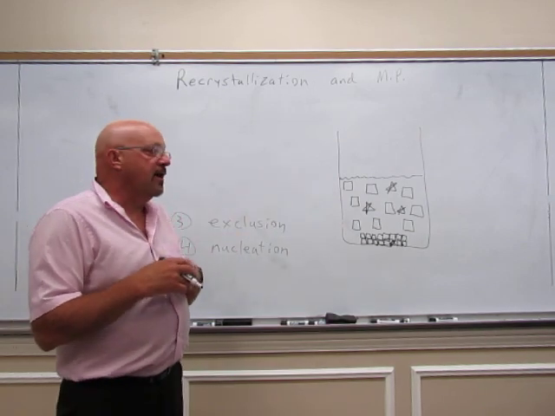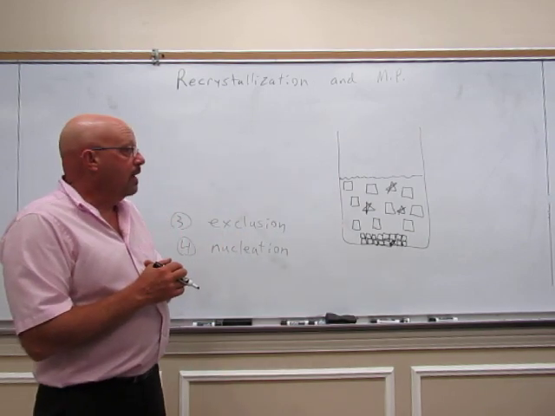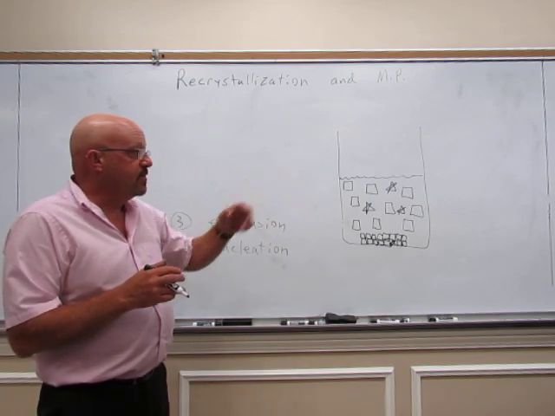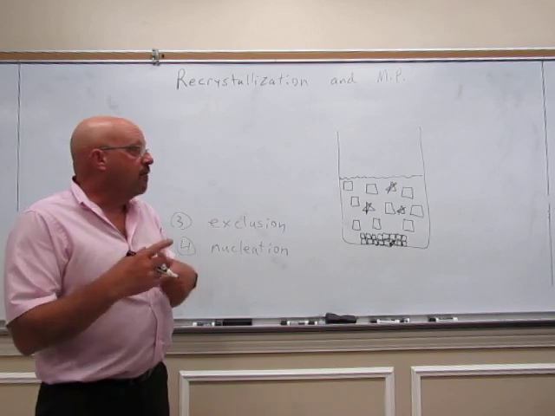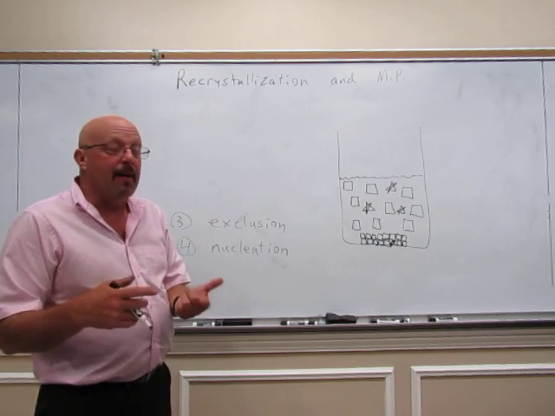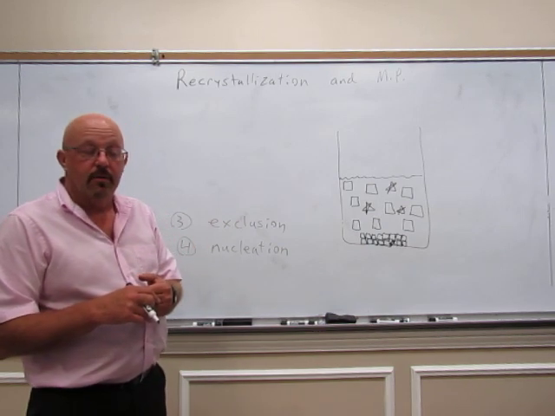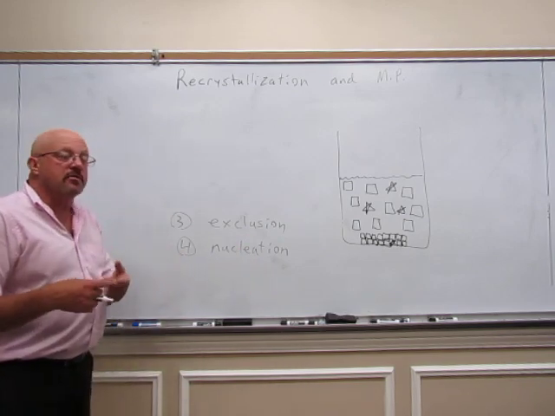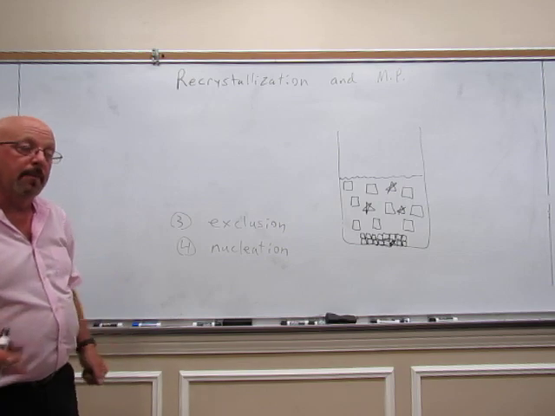We recrystallize a second time, and now maybe it's 95% squares and 5% stars. Recrystallize a third time, now maybe it's 99% squares. Fourth time, now maybe it's 100%. So each time you recrystallize, it gets more and more pure.